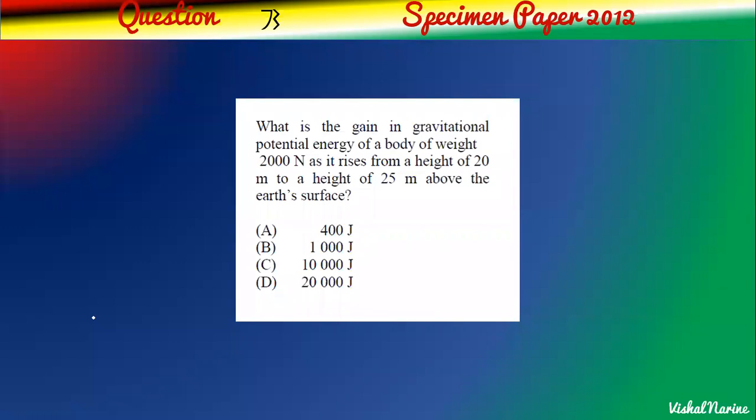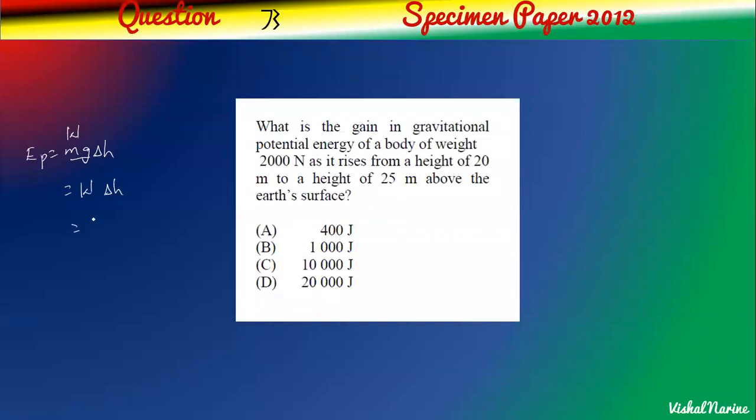So the question is asking you to calculate the potential energy. So potential energy is equal to mg delta H for change in the height. Mg is basically weight, because the question didn't give you mass, or it gives you the weight, so mg is weight. So basically you are working with the weight times delta H.